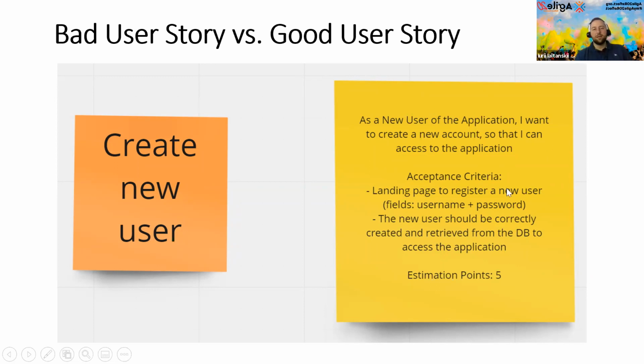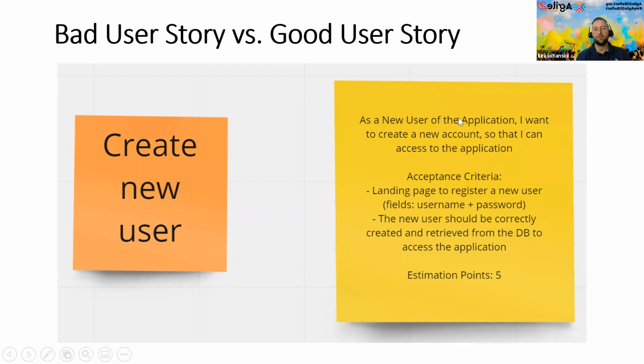And if we take a look at this example, we can see that the story has been refined, and now we can see some better definitions on this card, right? So we can read it. So as a new user of the application, I want to create a new account so that I can access the application. Okay, well, that's fine.